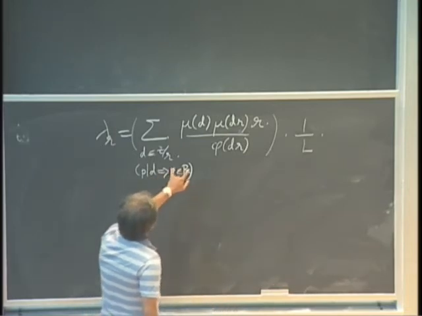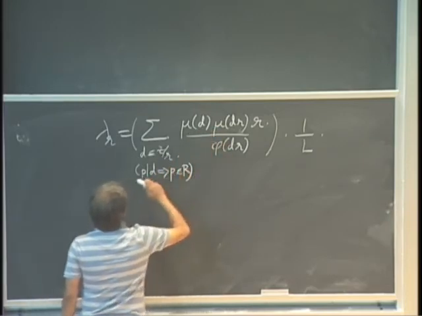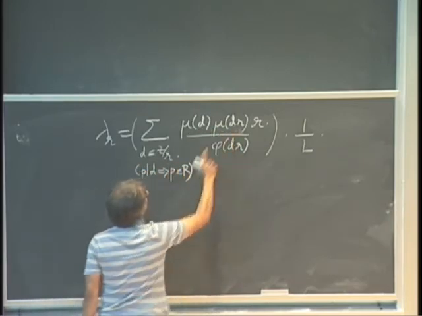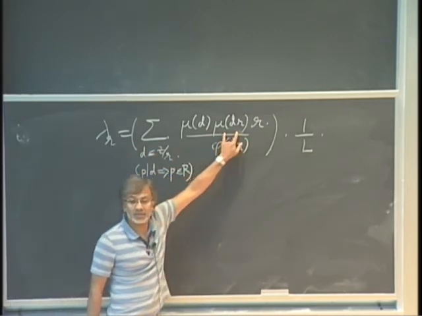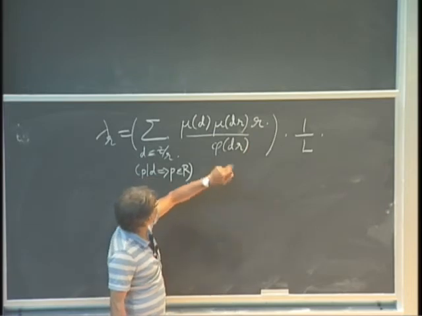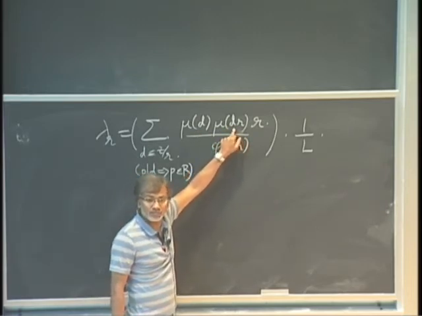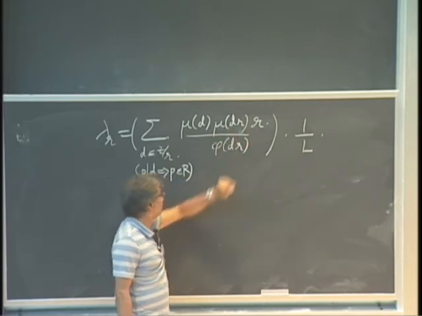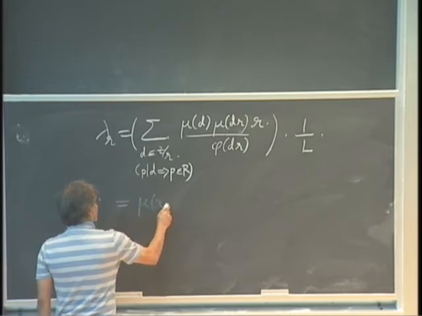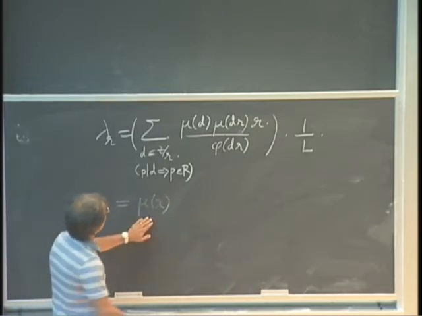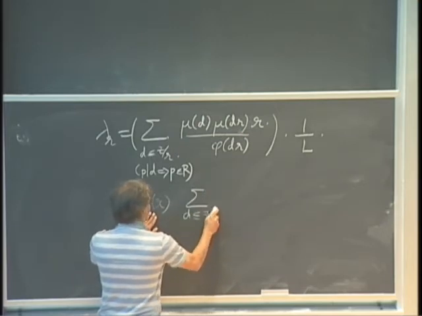So you see, you can also try to evaluate this, because what is this guy here? Well, firstly, r must be square free, otherwise this is going to be 0, right? Because there's a mu r throughout here. Now, assume that r is square free, then d must be a number that's co-prime to r. Okay, otherwise this will be 0. So there's a mu of r that factors out. That's the Möbius function in r. And then what I get here will be a sum over d up to z over r.